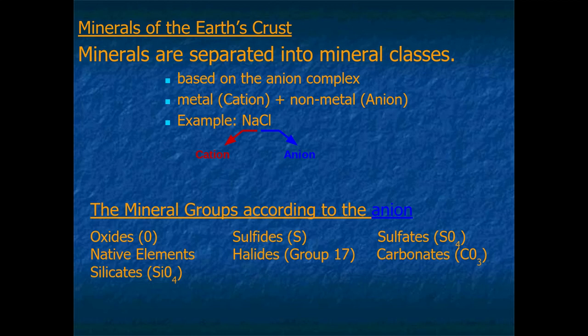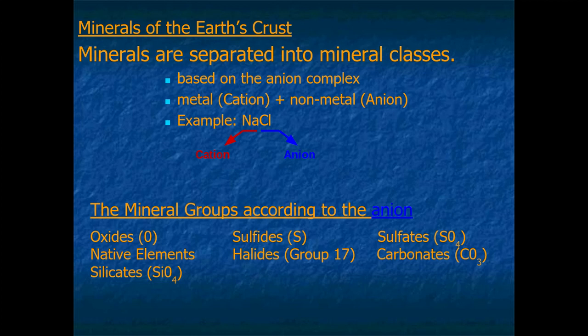I want you to look at this group: oxides, sulfides, sulfates, native elements, halides, carbonates, and silicates. Based on what you've just learned in the previous slide about the dominant elements on the Earth's crust, which group of minerals would represent the largest group, based on silica and oxygen being the dominant elements on the crust?